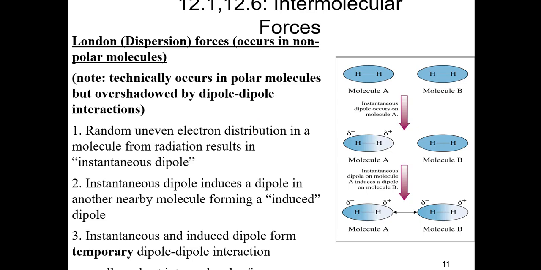Whenever you don't have any naturally occurring permanent overall dipoles, then nature actually creates temporary dipoles. So for example, let's take a look at hydrogen gas and hydrogen gas. There is no overall dipole in each of these. It's homodiatomic.